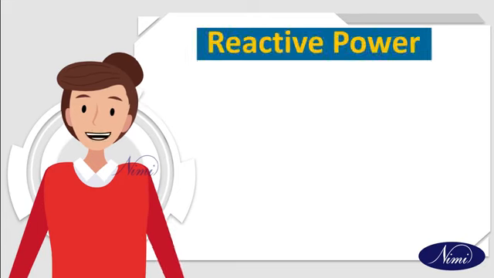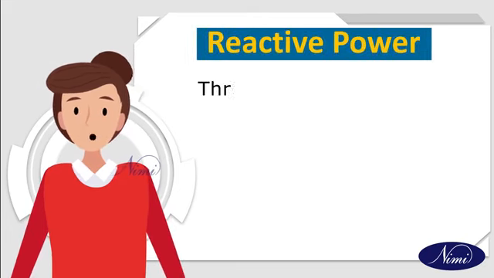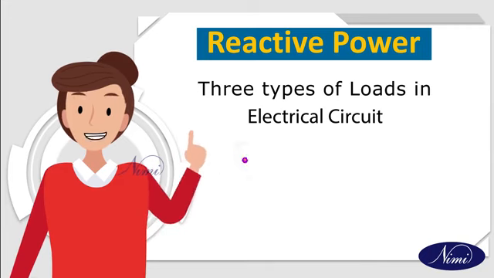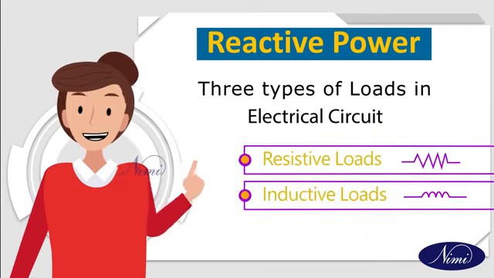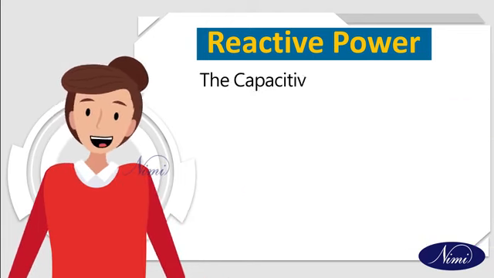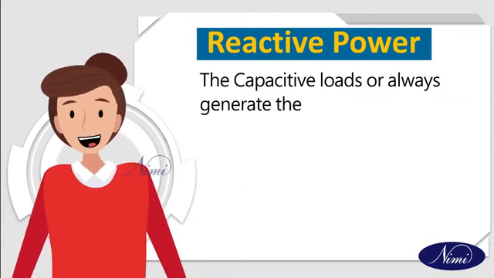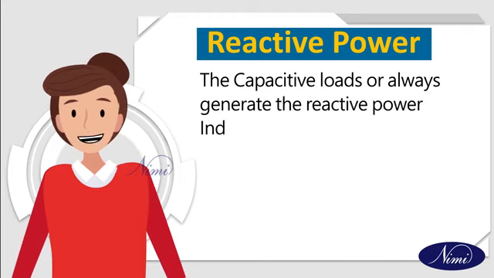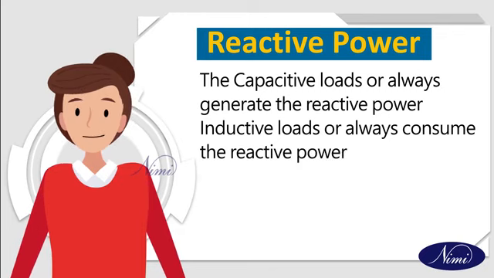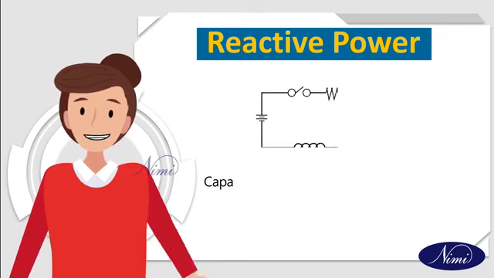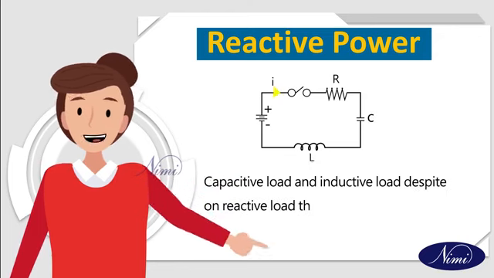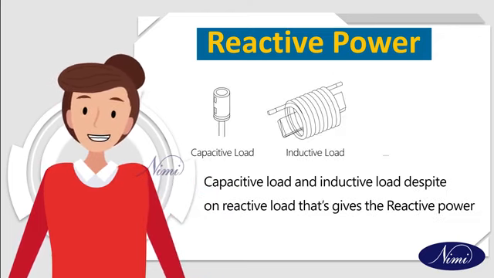Next one is reactive power. There are three types of loads in electrical circuit, which are the resistive load, the inductive load and the capacitive load. The capacitive loads always generate the reactive power, and the inductive loads always consume the reactive power. The resultant of these two powers dissipated on the reactive load gives the reactive power.